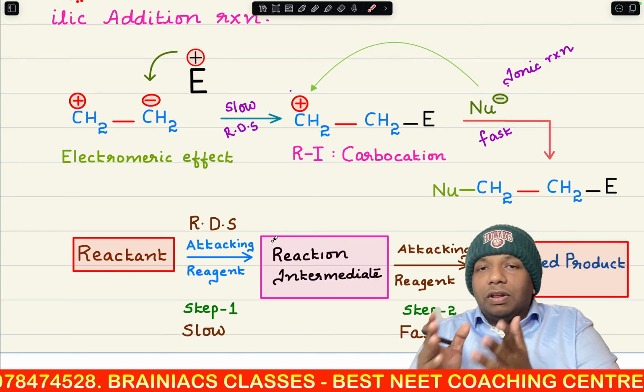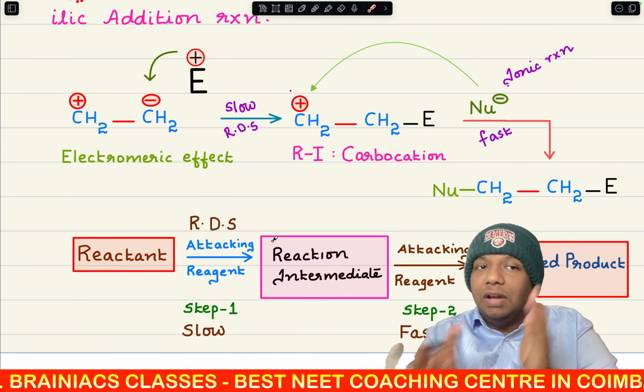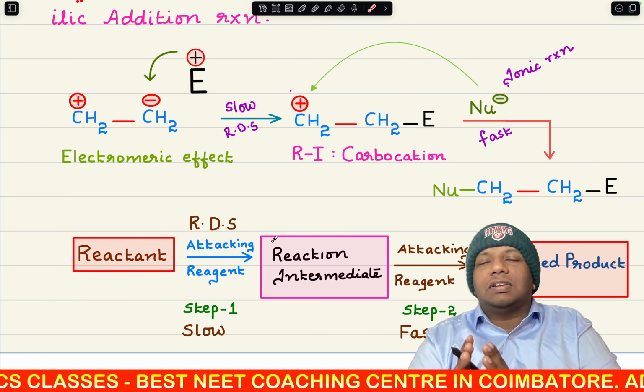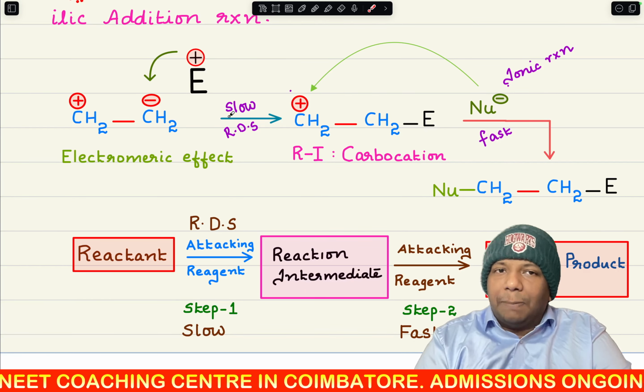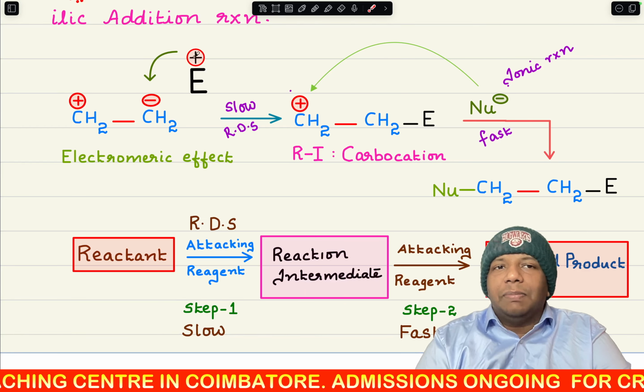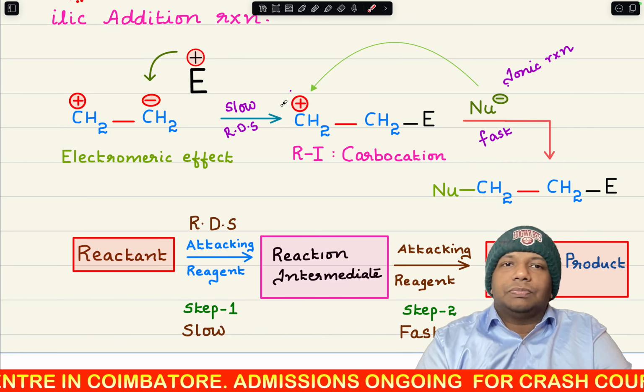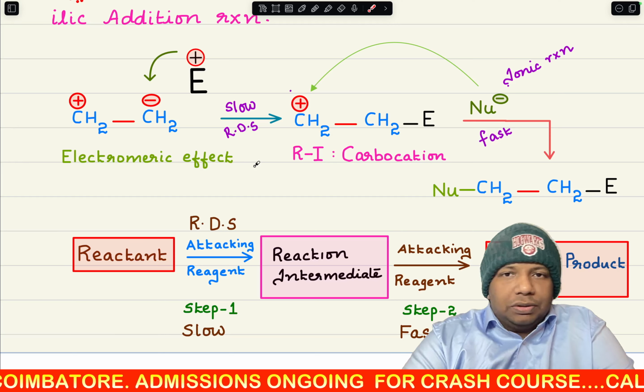Whoever is able to form a stable carbocation will proceed through that step very fast compared to the other ones. But comparatively, these reactions becoming a carbocation is a slow step. Okay, I hope you understood.